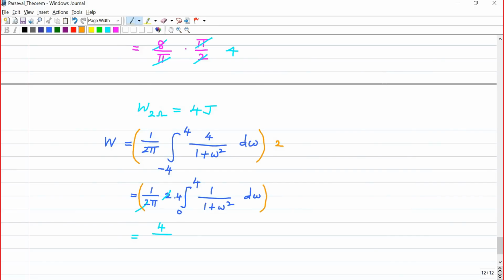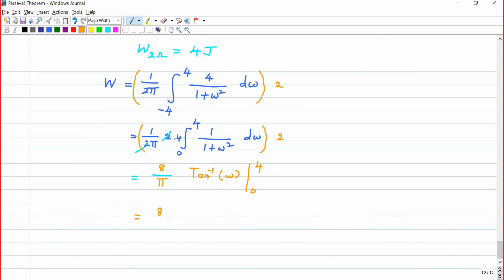This also will be multiplied by 2. Since this is current expression, so 4 into 2, 8, over pi. This is again tan inverse omega, but the limits are from 0 to 4.